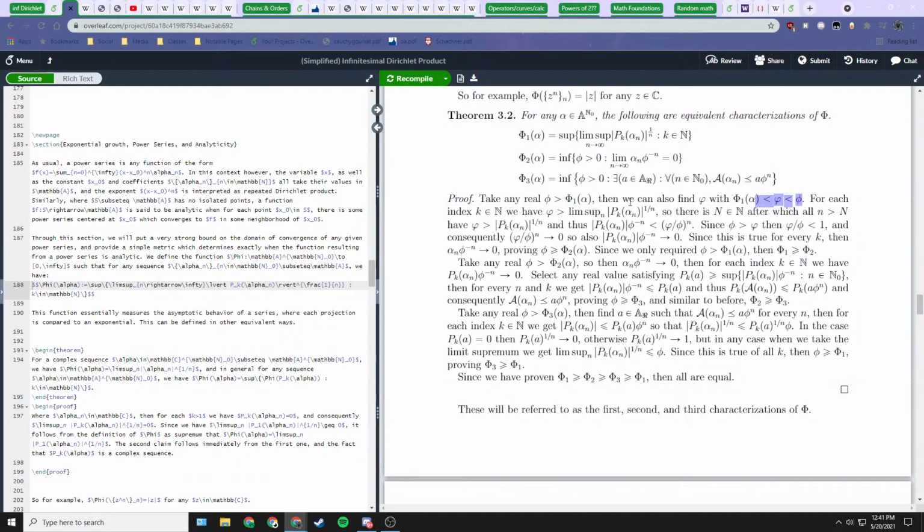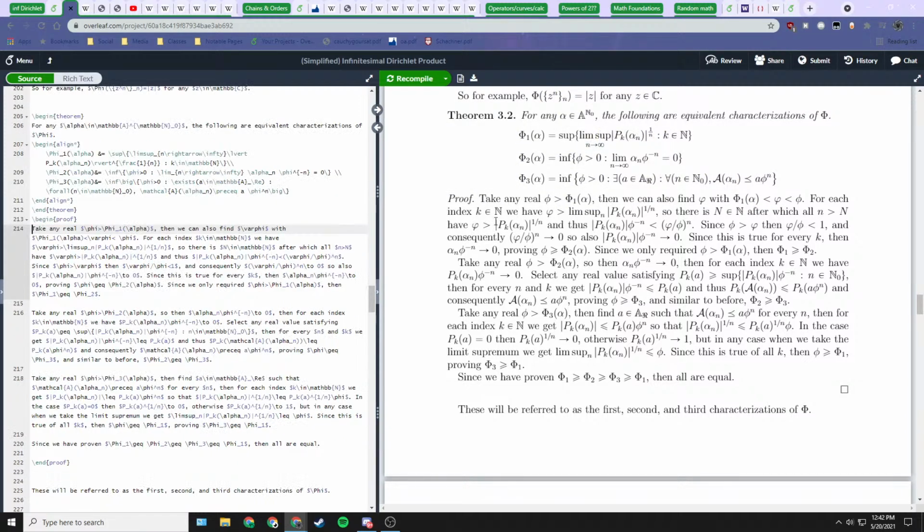Once we have this one, by this definition of phi 1, for every index k in the naturals, we have this var phi as being strictly greater than this limit supremum. Because phi 1 is the supremum of all these limits, and var phi is greater than that, it has to be greater than all these limit supremums.